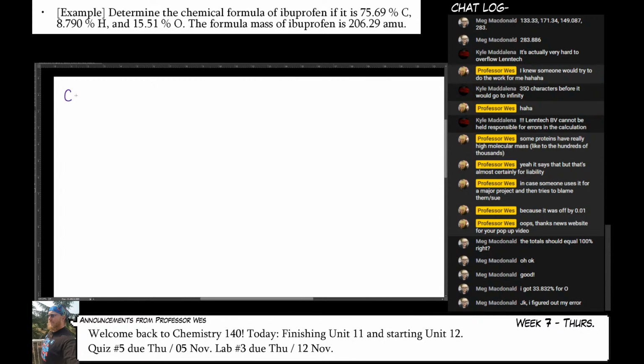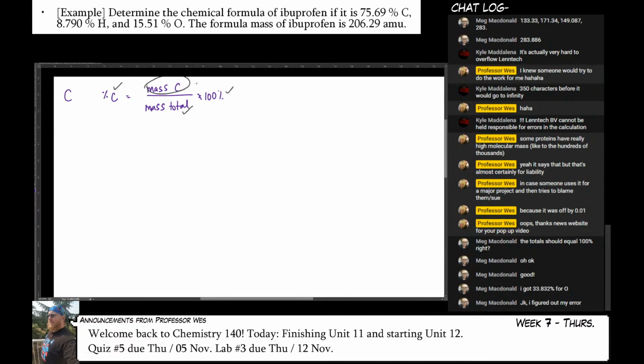So I know that the percent of carbon is equal to the mass of carbon divided by the total mass times 100%. So let's look at these things, and what do we know? We know the percent of carbon, we know the total mass, but we don't know how many carbon atoms are in there.